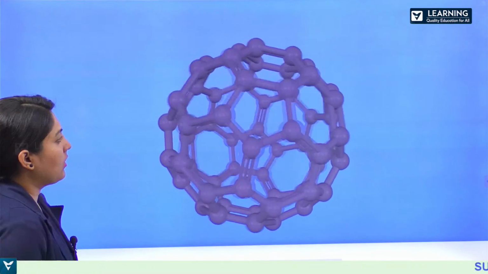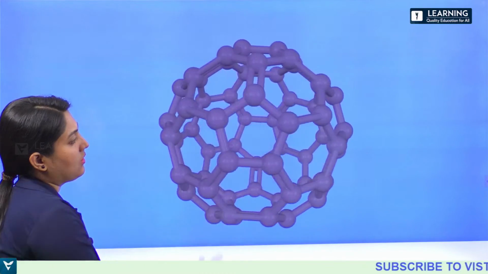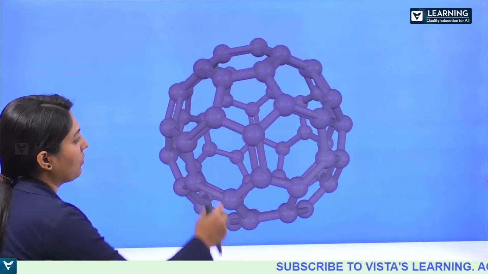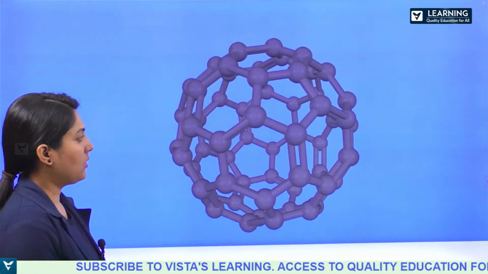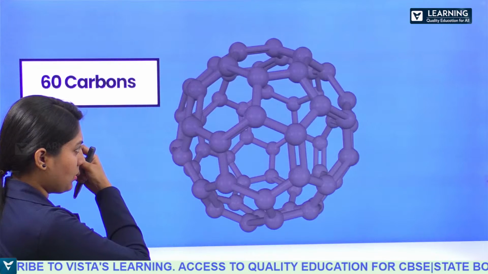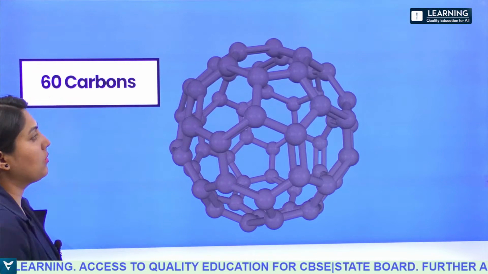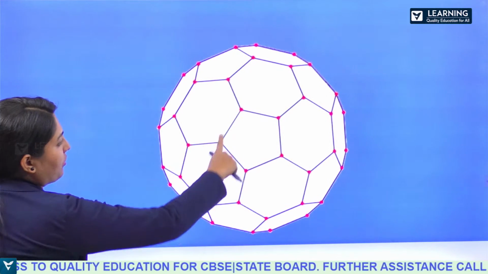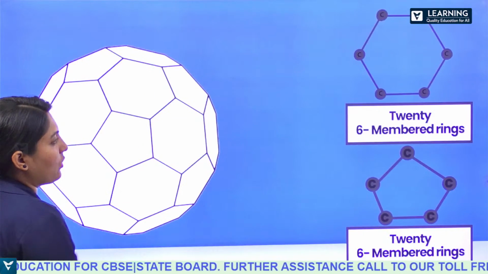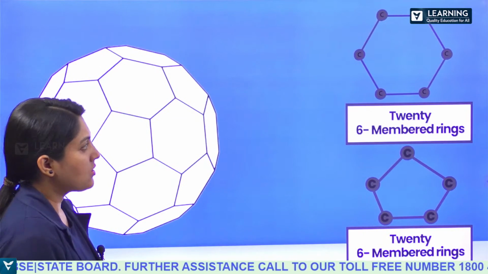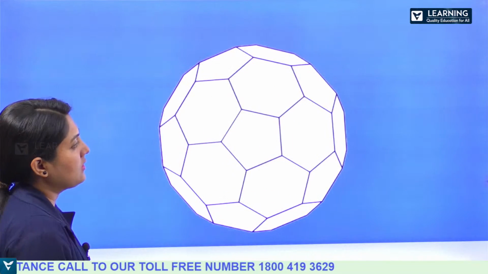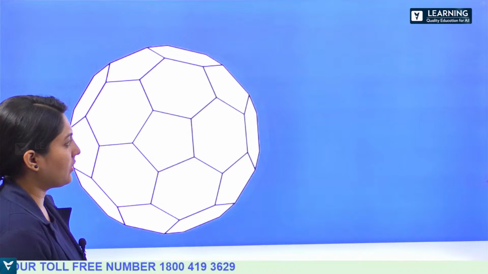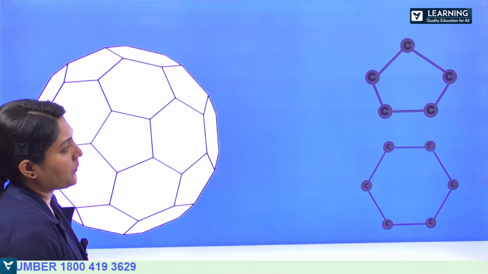We have the hexagonal shape and pentagonal shape, as we have for the ball. It's a volleyball, right? For a ball, how you have 5 and 6, likewise we have for fullerene. So you can see 6-membered and 5-membered rings will be present there.